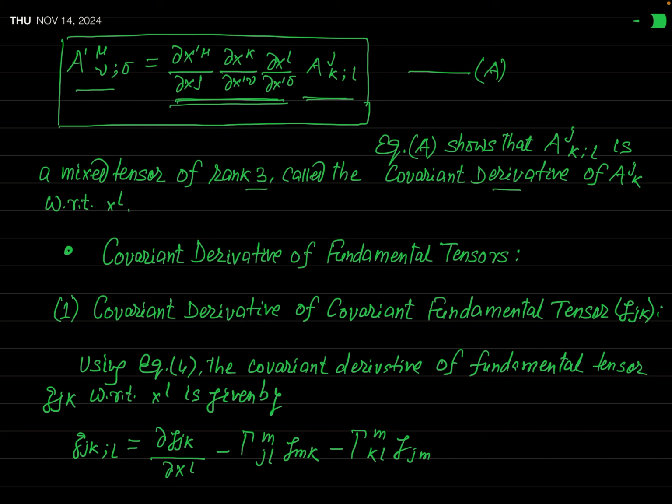So you must remember that whenever you find the covariant derivative of fundamental tensors, either the covariant fundamental tensor or the contravariant fundamental tensor or the mixed fundamental tensor, you will see that the covariant derivative of all fundamental tensors will be equal to 0. So this is a very remarkable fact.